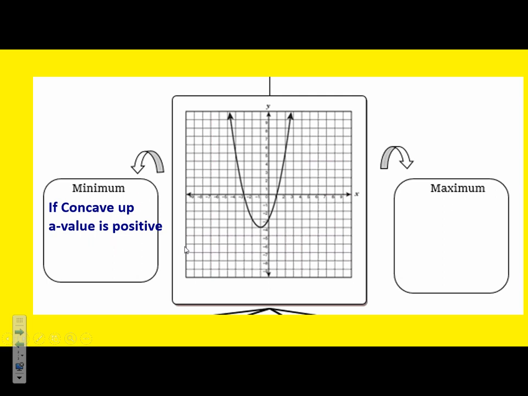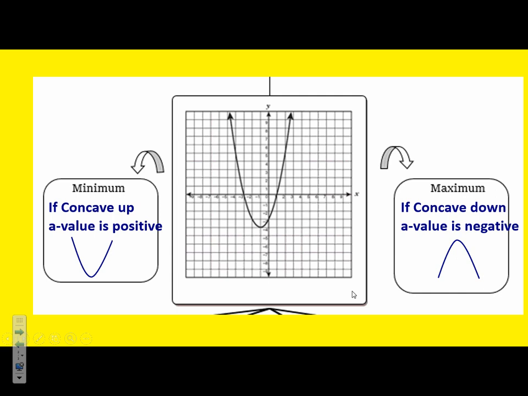That'll be an important attribute. Since this one's facing upward, our a value will be positive. Conversely, if it's concave down, the a value would be negative, and the graph of the quadratic function would be facing downward, like so.